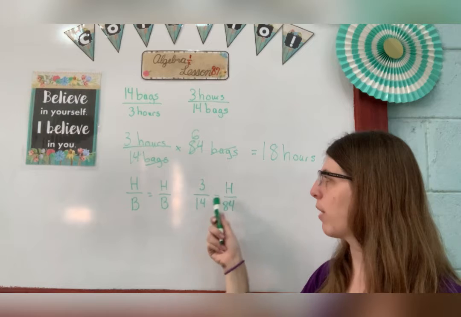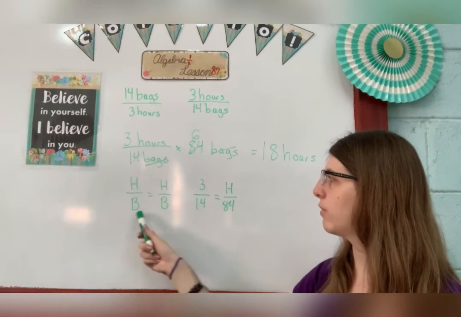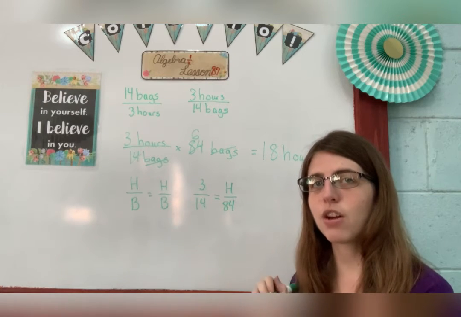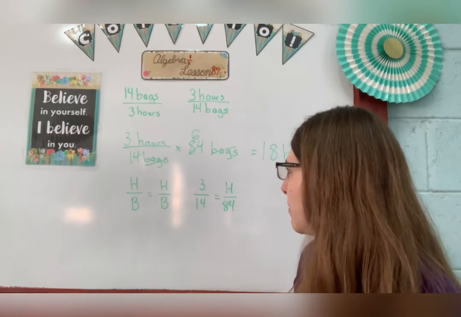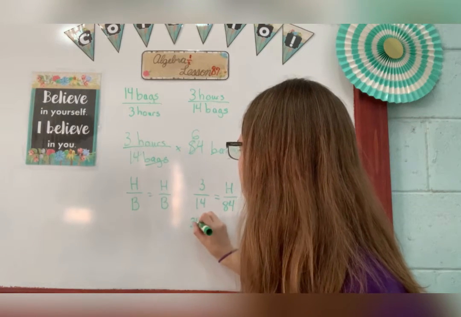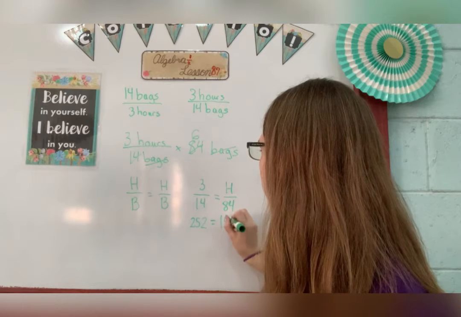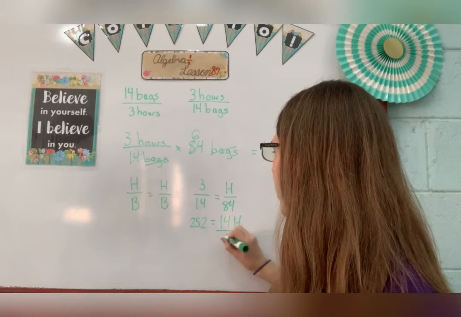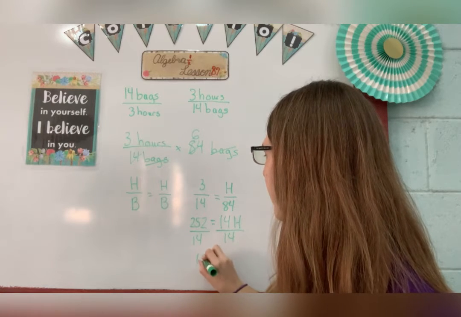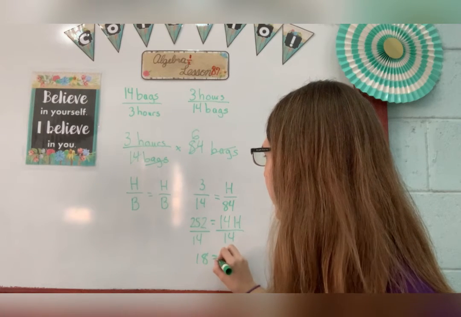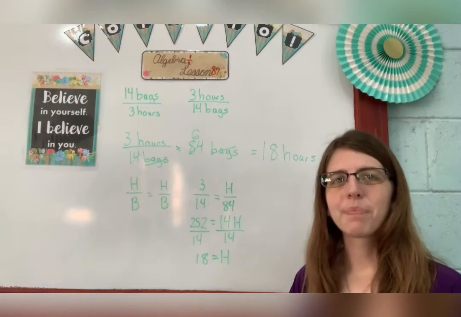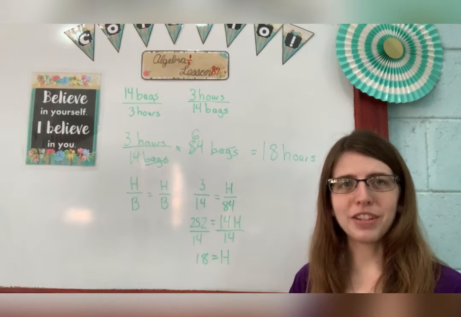Hours is 3. I'm looking for hours, so that variable stays. 14 bags goes with 3 hours. I have 84 bags, so make sure that they go in the right spot. Now I cross multiply. 3 times 84, 252 equals 14H. Divide both sides by 14, and I get 18 equals H. So that's all that you have to do to solve these kinds of problems.